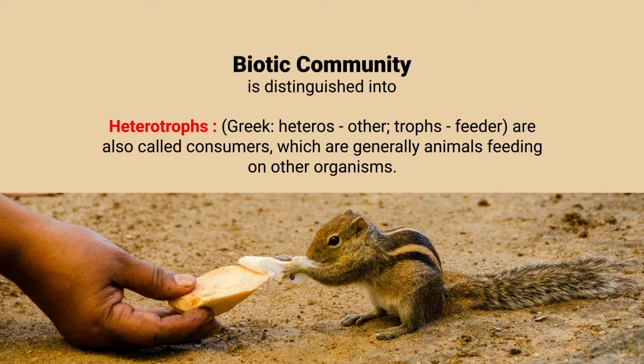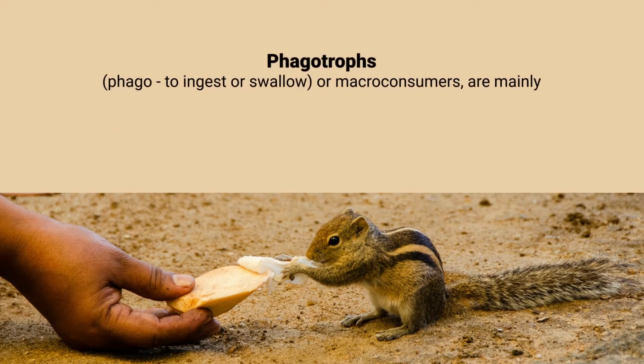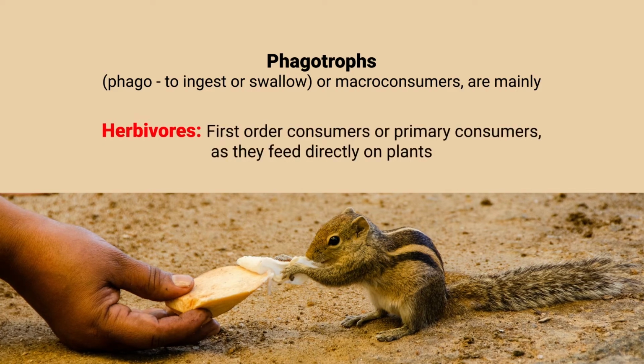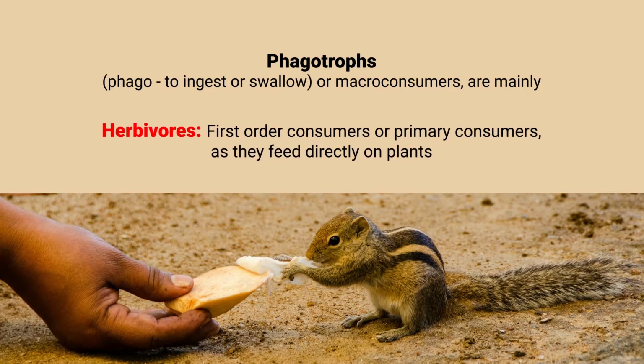Phagotrophs, or macro-consumers, ingest or swallow the food. Phagotrophs are mainly the herbivores, which we call first order or primary consumers. Yes, they feed directly on the plants, as you know.